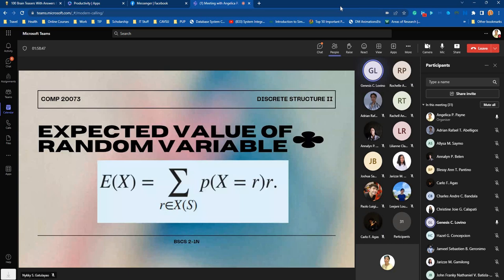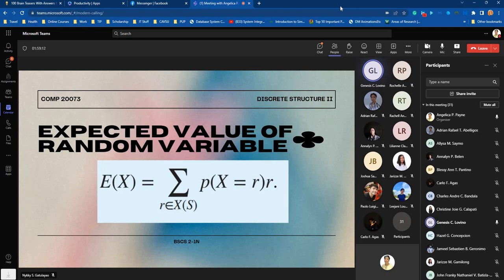So, di ba, yung sum over the set of x, the sample space, is the summation of the product of the probability and the value ng ating heads sa toss coin natin.